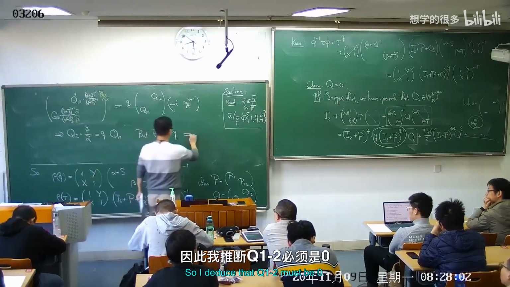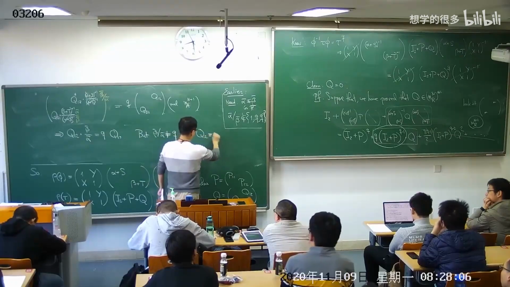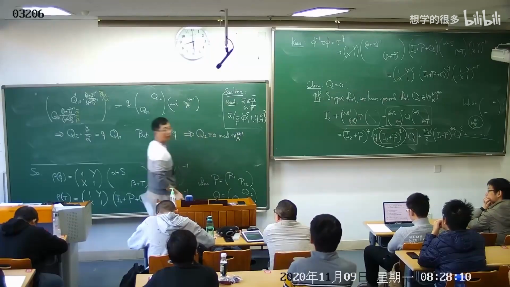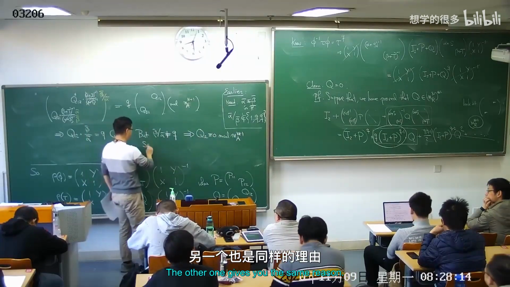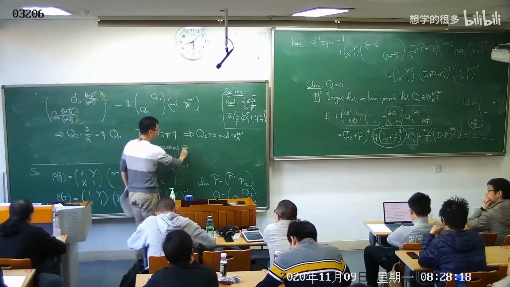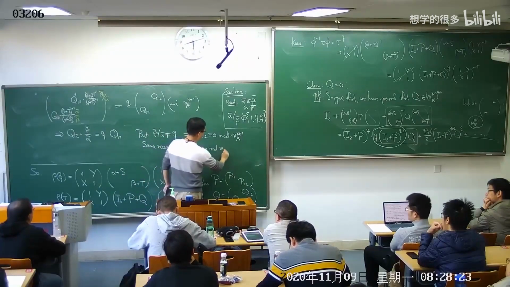So I deduce that Q12 must be 0 modulo the maximal ideal to the n plus first power. And for the same reason, the other one tells me this is in the next ideal.